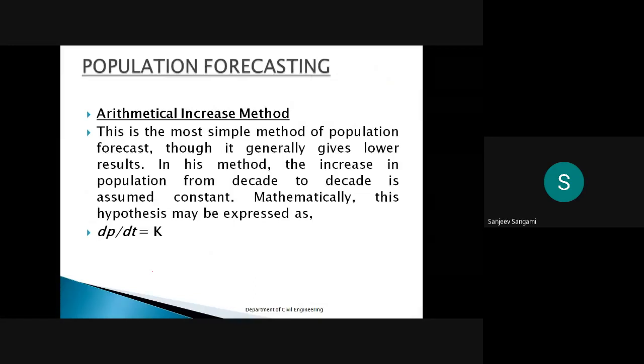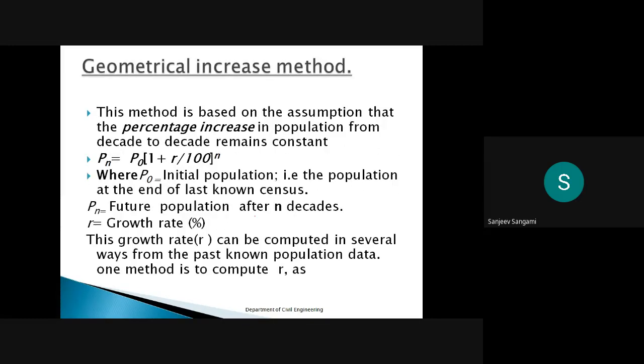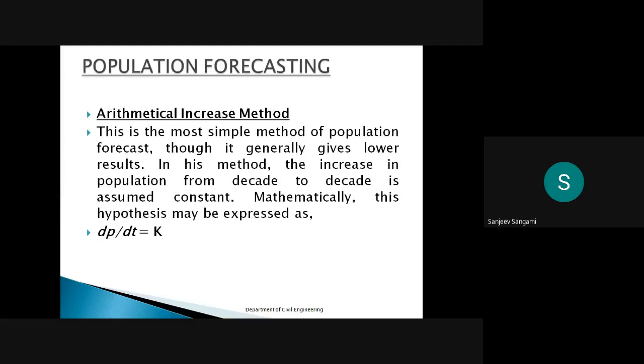Then population forecasting, we will discuss in the next class. We have around 8 methods to forecast the population. The first is the arithmetic increase method, then the geometrical increase method. In each class we'll try to cover one or two methods.